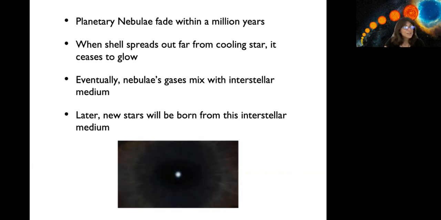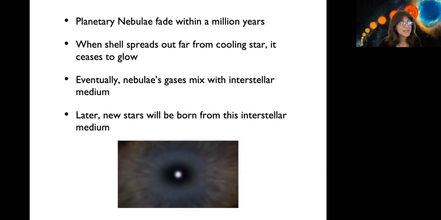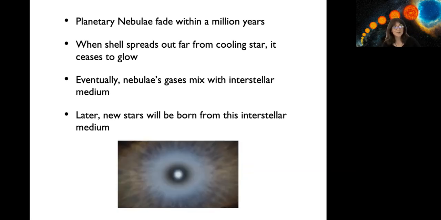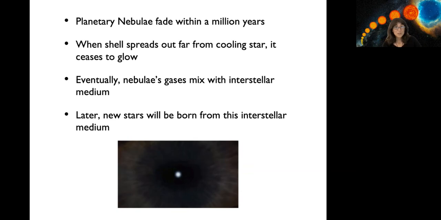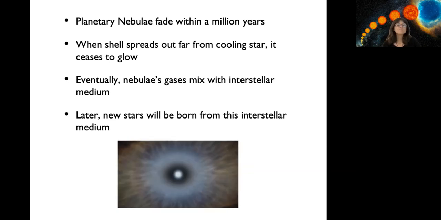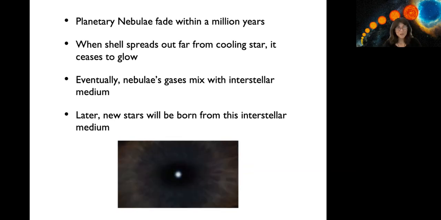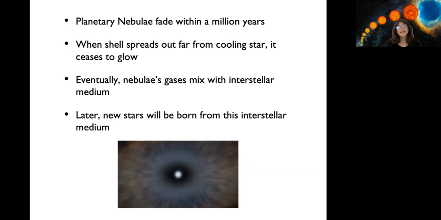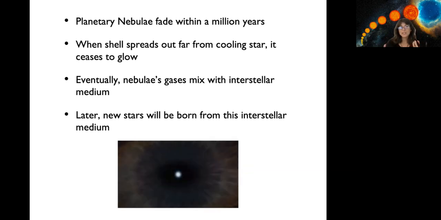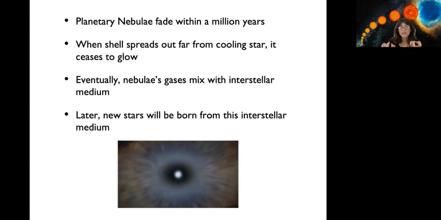So does that mean that eventually the universe will run out of hydrogen to fuse? In principle, yes. Yes and no. So in order for hydrogen to fuse, it has to be in stars.